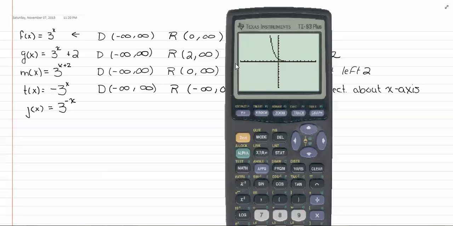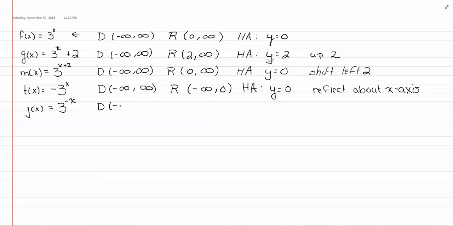It got flipped around the y-axis. Still the domain is all real numbers. Your range still goes from 0, not including 0, to infinity, because again you have a horizontal asymptote at y equals 0, but you reflect it about the y-axis.